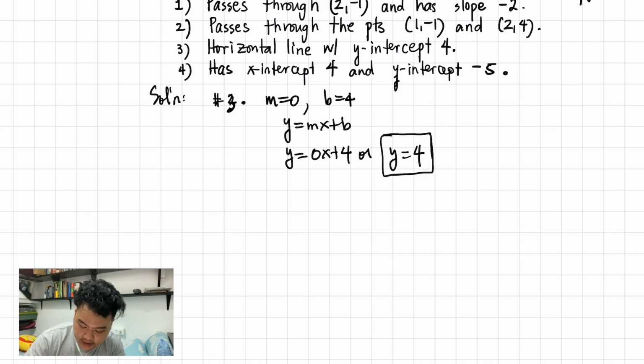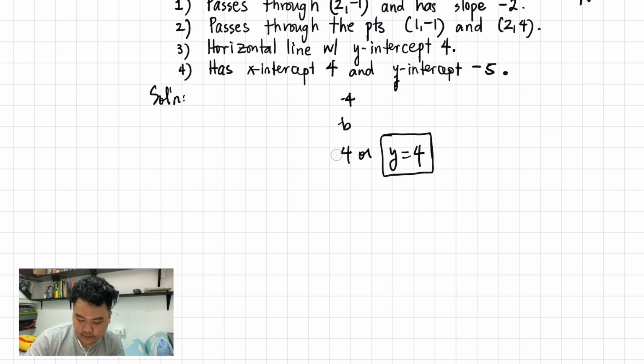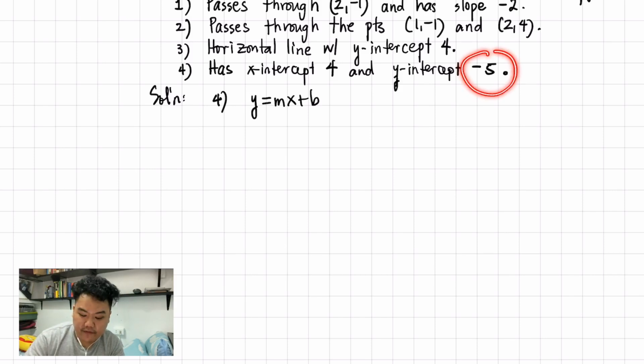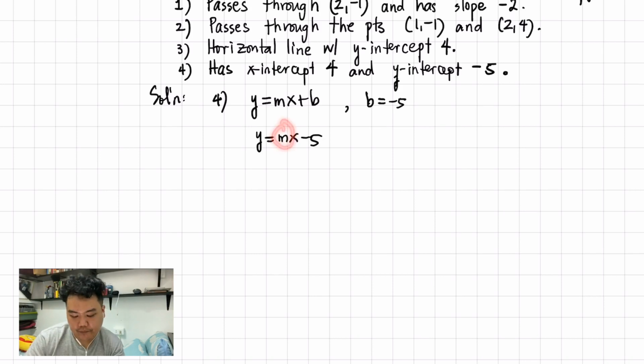Okay. And finally, number 4. So the equation of the line is y equal to mx plus b. And the y-intercept is negative 5. So b is negative 5. So the equation of the line becomes y equal to mx minus 5. All you need to find is m.